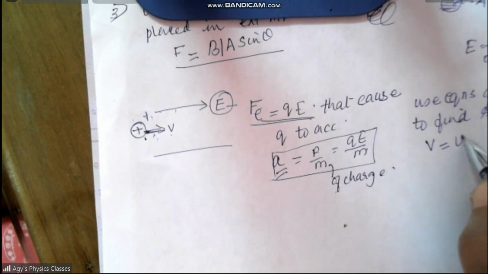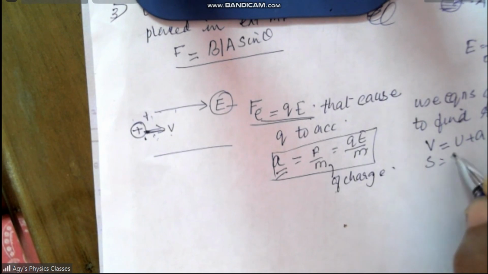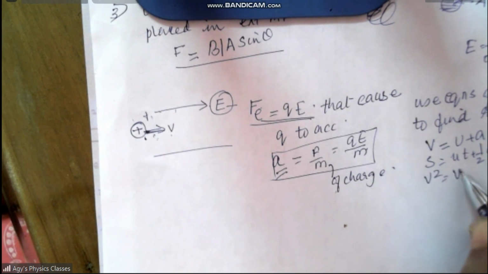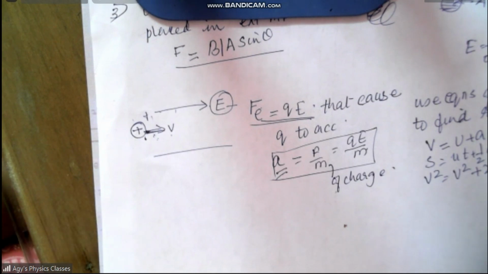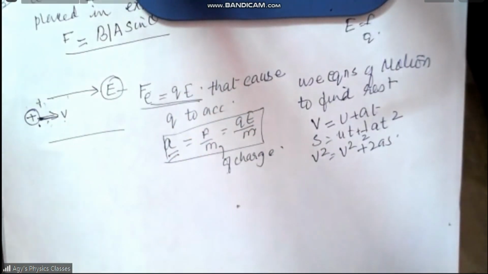V is equal to, V square is equal to, oh sorry, take it back.